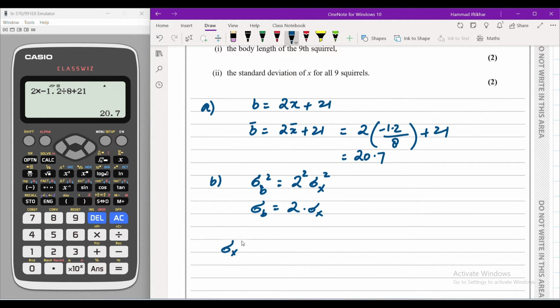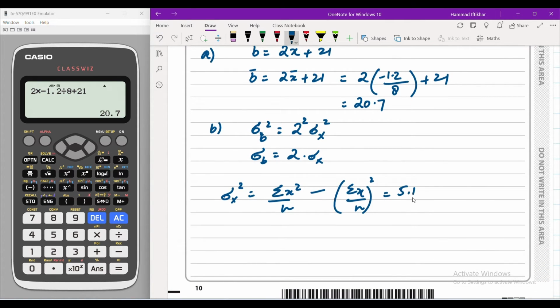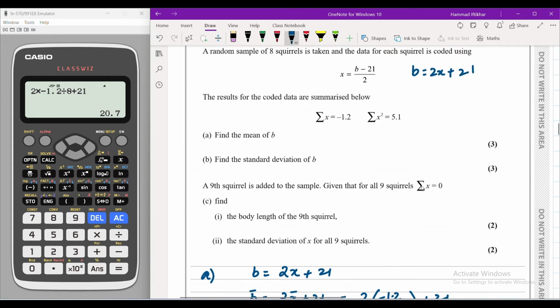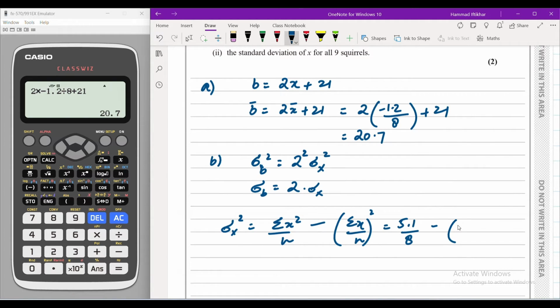So sigma of x, starting with that: sigma x squared over n minus (sigma x over n) whole square. So sigma x squared, they have given 5.1 divided by 8, right? Okay, minus the mean we calculated, that was minus 1.2 divided by 8 whole square. So 5.1 divided by 8 minus minus 1.2 divided by 8 squared.